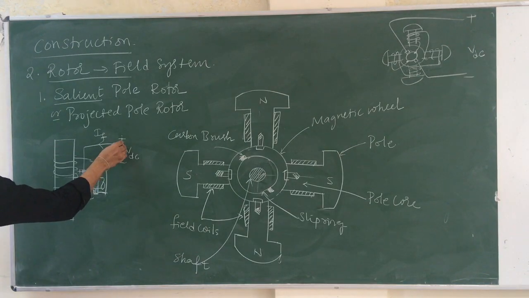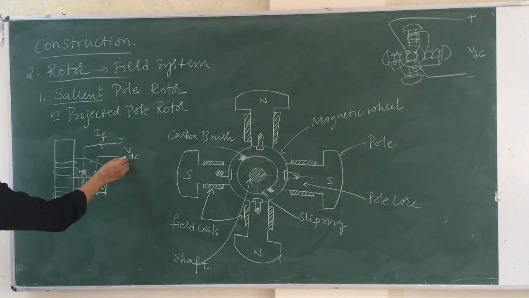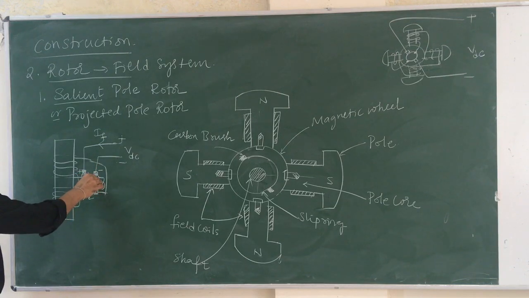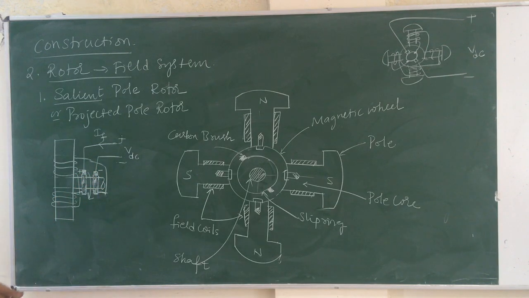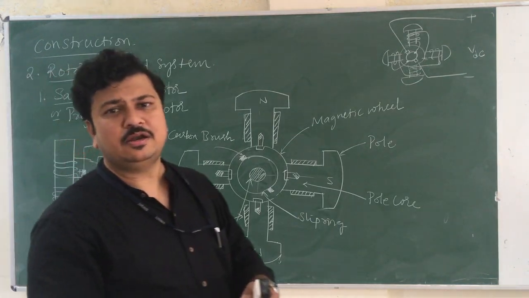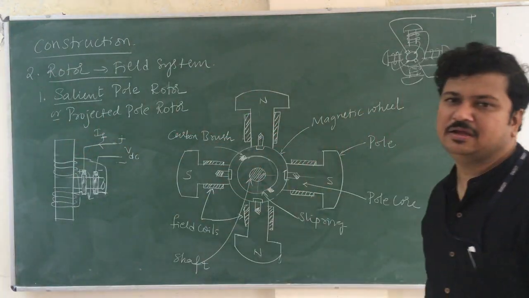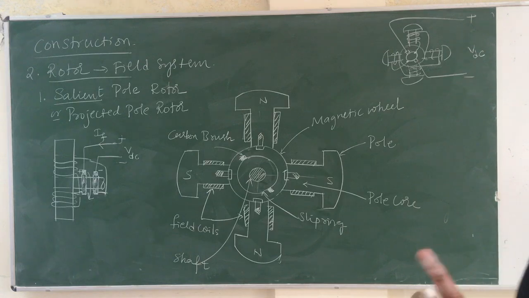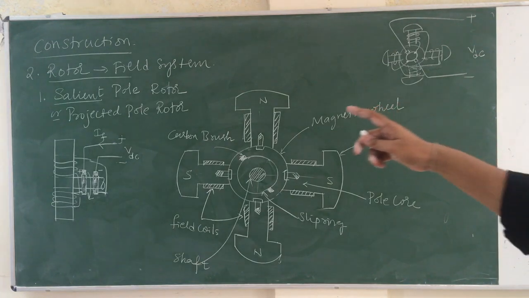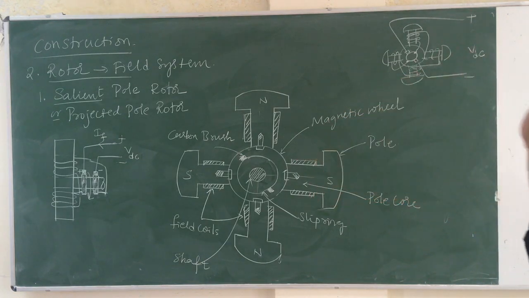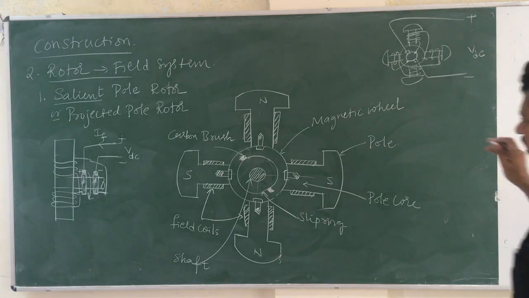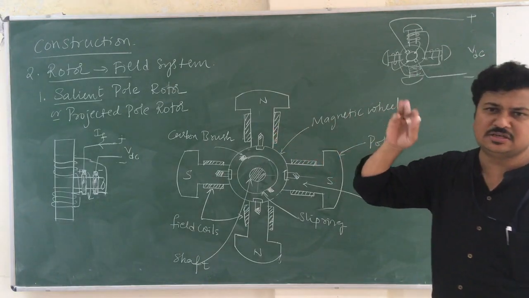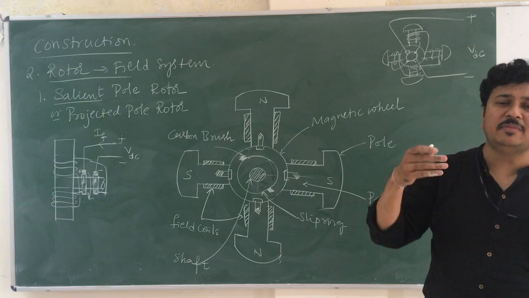Now from the source through the brushes, the supply reaches the slip rings, and these slip rings are permanently connected to the field winding. In this way, from the external DC source I am giving the supply to the field winding. Now when the field winding gets the supply, it will create the magnetic field.